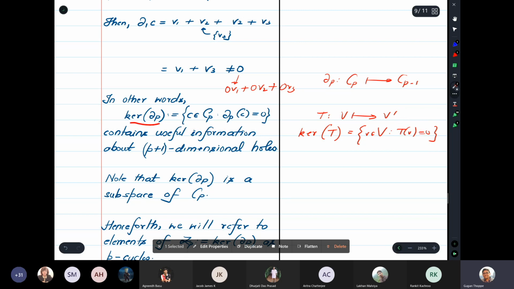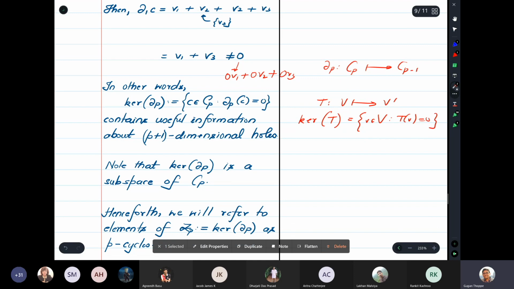Now I'm claiming that the kernel of this DABA-P operator is very interesting for us because it contains useful information about the number of P plus 1 dimensional holes. Is this okay? This is useful because you saw that some of these P chains which enclose a P plus 1 dimensional hole are taken to 0, whereas those P chains which do not enclose a hole are not.